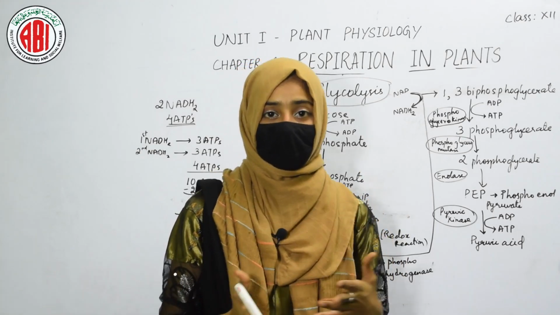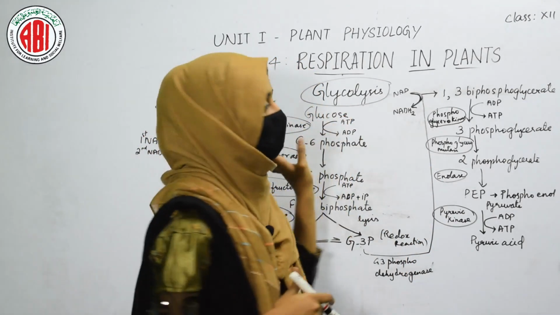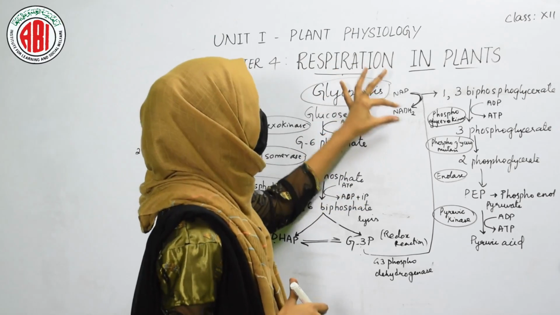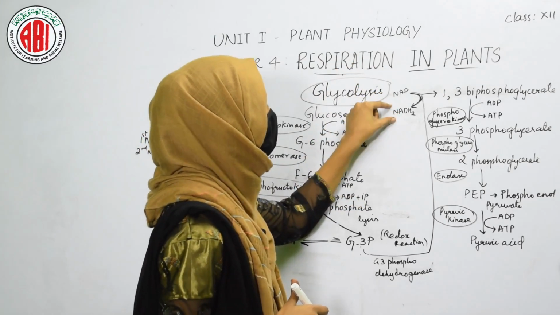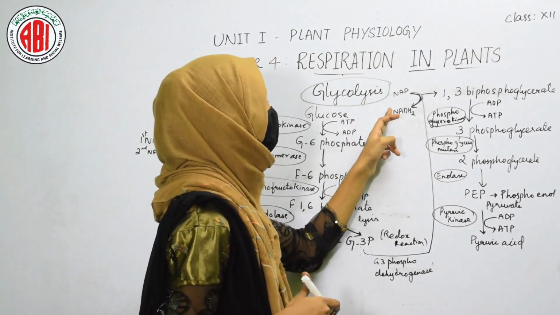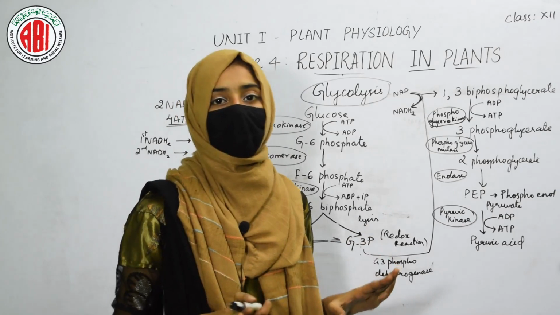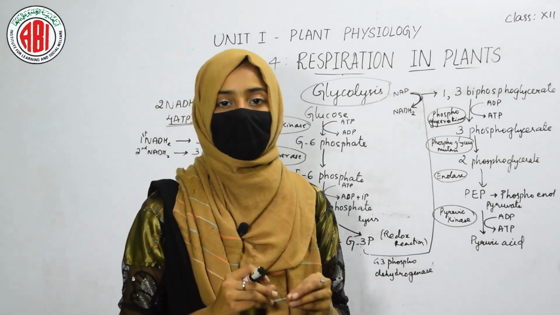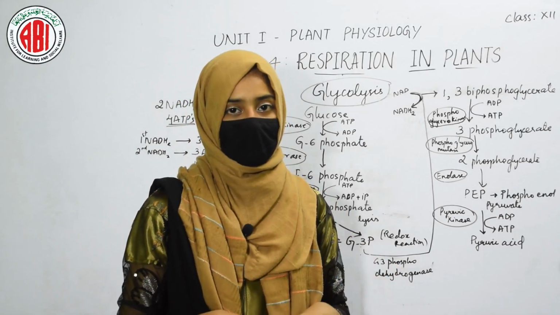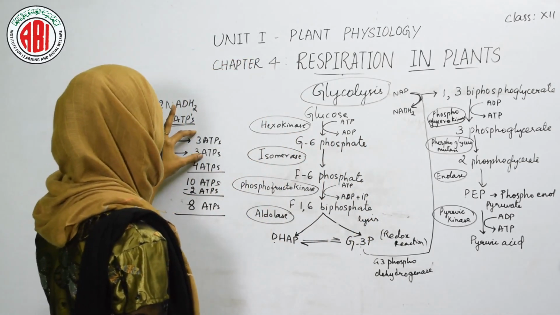So what are the changes that we can see in the glycolysis of anaerobic respiration? In the absence of oxygen, this NADH2, which is a reducing power, after getting generated, gets converted back into NAD. So in this way, no NADH2 can be synthesized in anaerobic respiration. So by this, no ATP formation takes place.